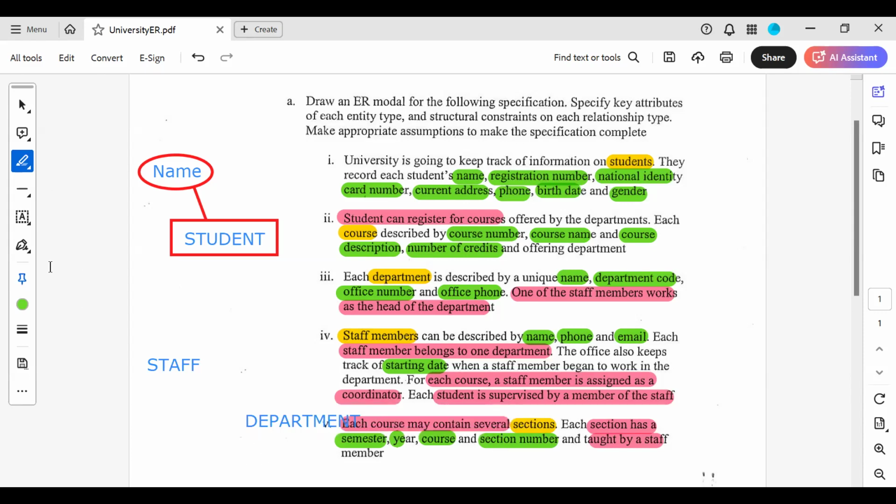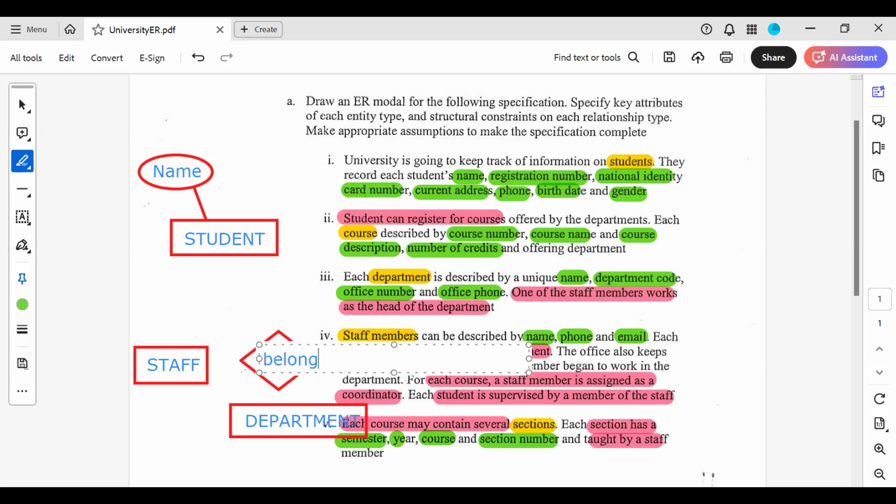These are two entity types. Staff members belong to department, so we have to have a diamond-shaped block, where belongs is the relation between these two.